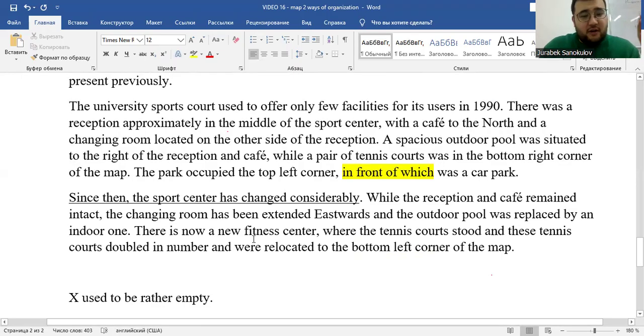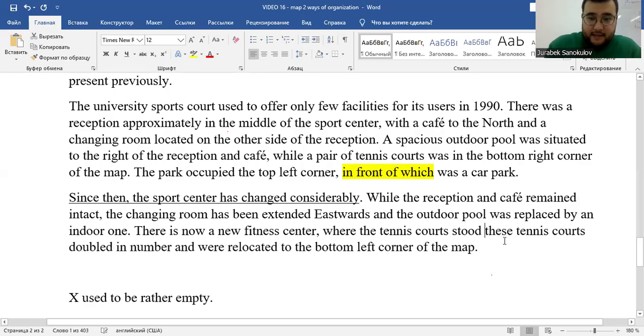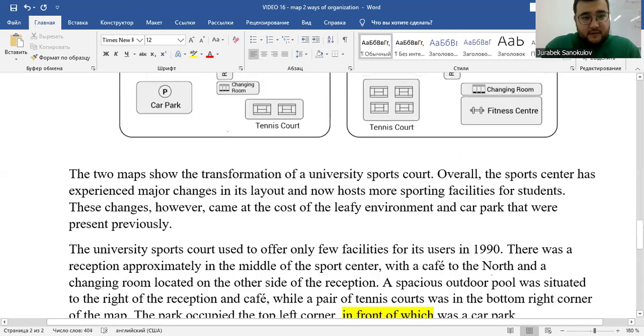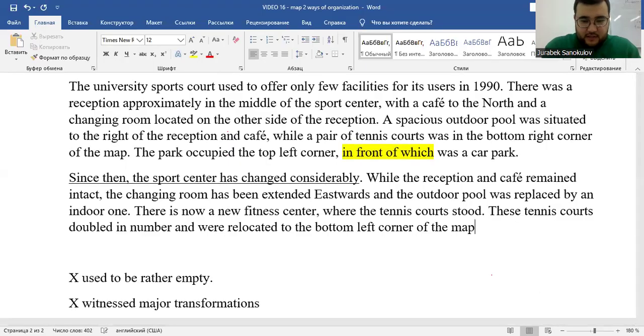There's now a new fitness center where the tennis courts stood, and these tennis courts doubled in number and were located to the bottom left corner of the map. So let's get rid of this 'and'. And I start with a new sentence. Replacing the, or let's not include that as well.